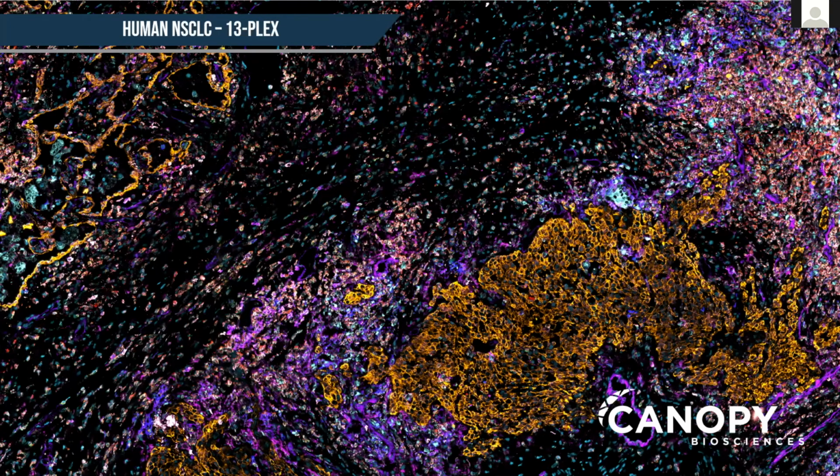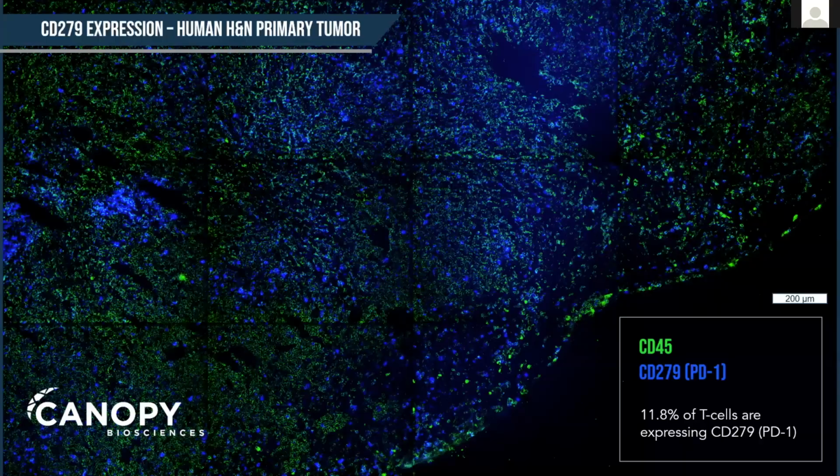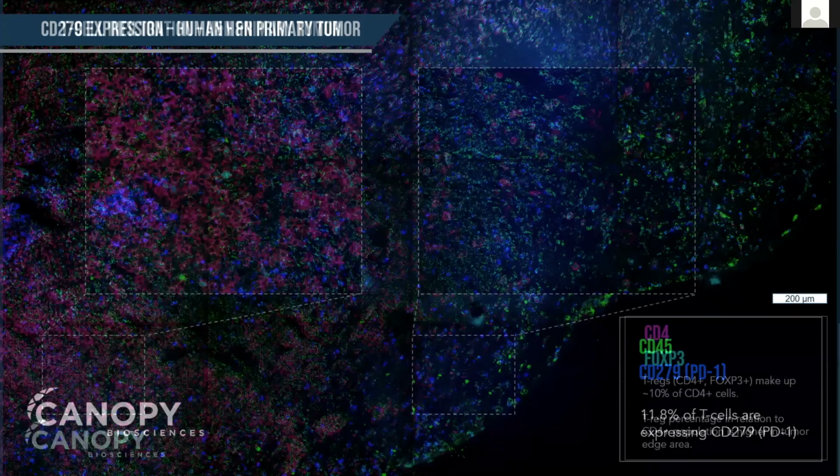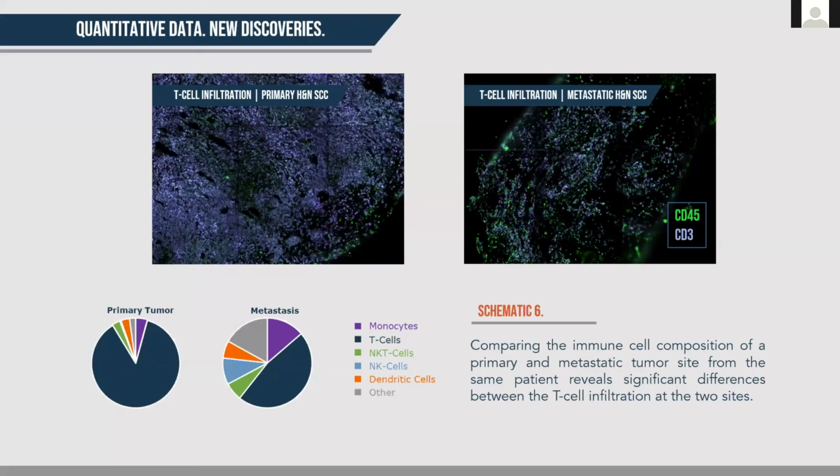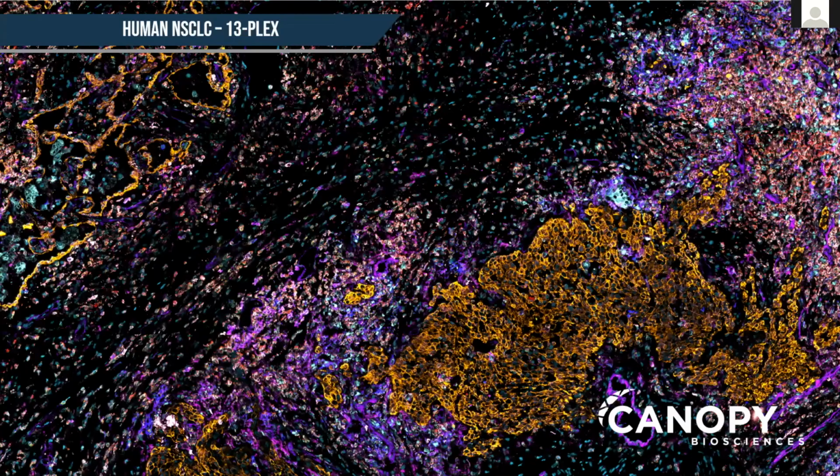This is a 13-plex assay on a human non-small cell lung cancer sample. Of course, as you start to pile on more markers, it gets a little bit harder to pull out meaningful information with the human eye, which is why in the previous slides I've just shown the lower plex. But within the software, you can toggle on and off all of these markers individually and show whatever combination you're interested in looking at.